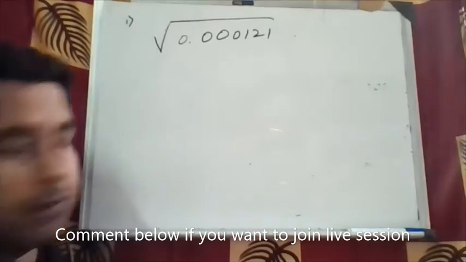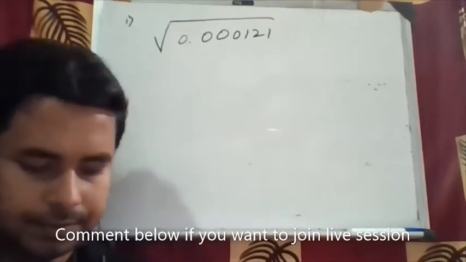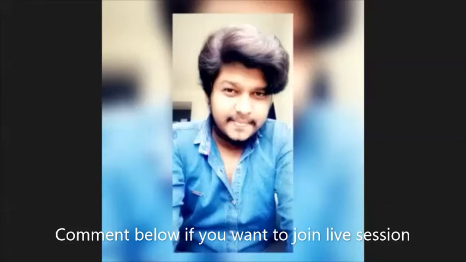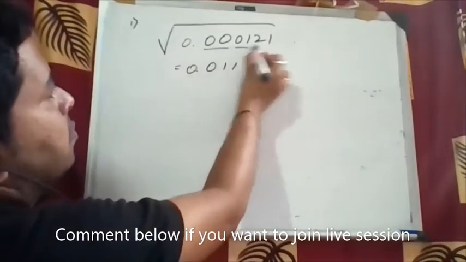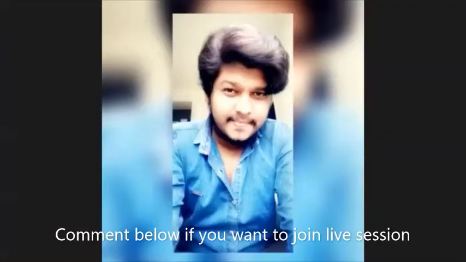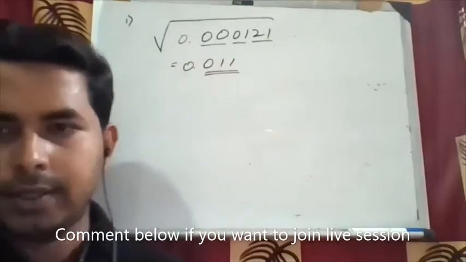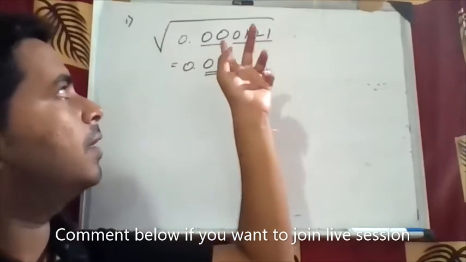And don't worry, whenever they give it in the exam. 0.011. So 3 groups are there. Okay, so this is the answer. And don't worry, in the exam they always ask so that you can get the decimal root.